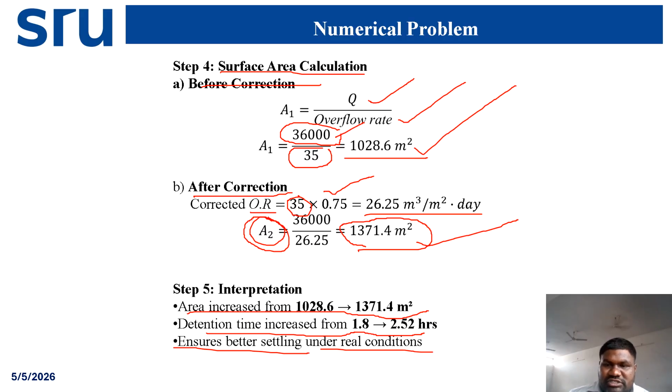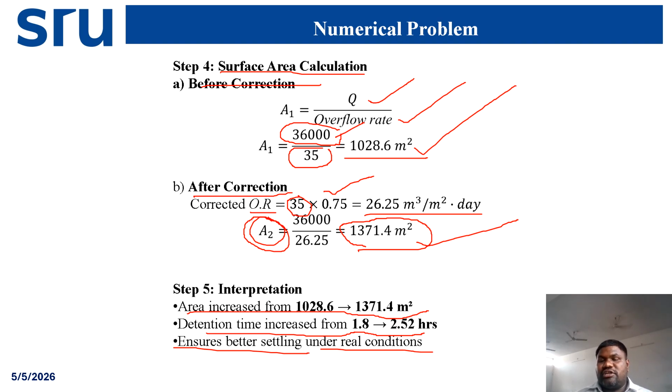So what we discussed here is that in a primary sedimentation tank, we need to calculate the removal efficiency. Removal efficiency basically depends upon the detention time as well as the surface area. If we change these two parameters, the efficiency will vary.